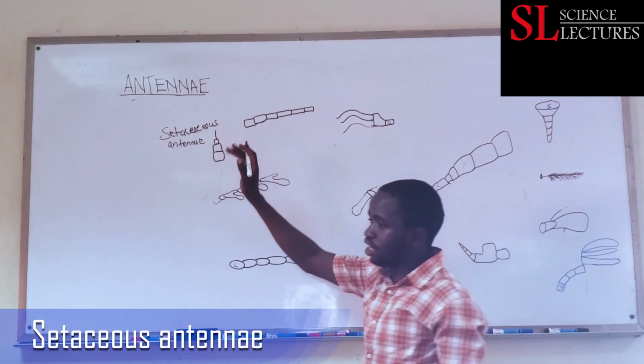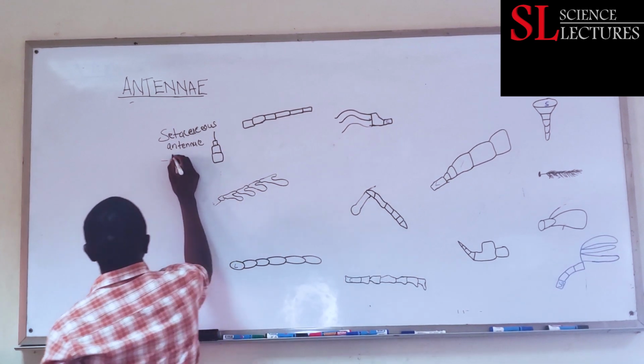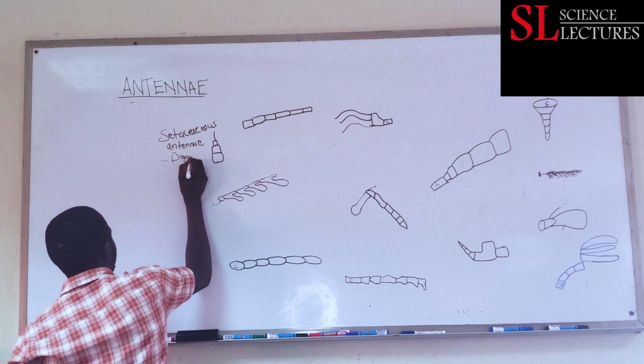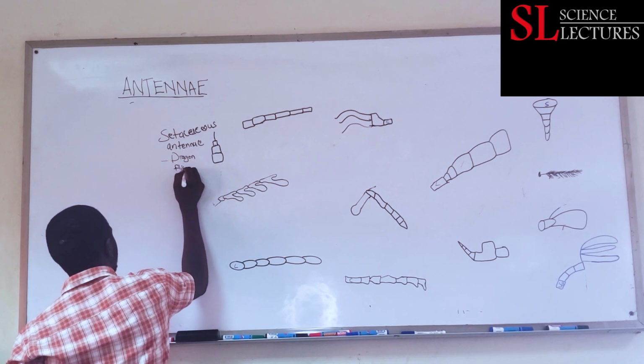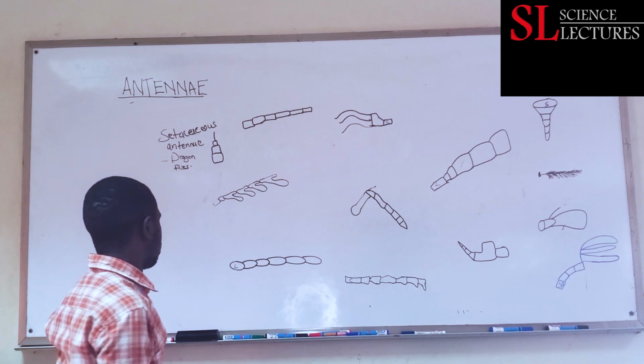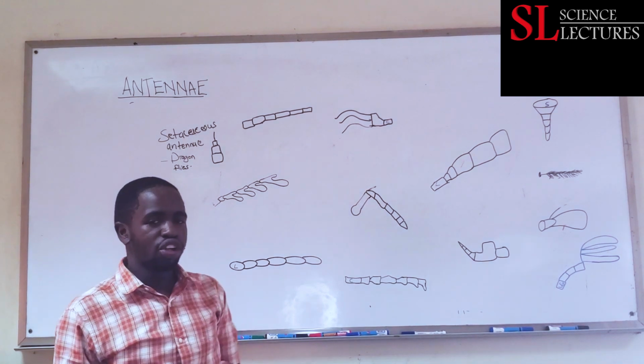Setaceous antennae are very common in dragonflies, which are members of the order Odonata.